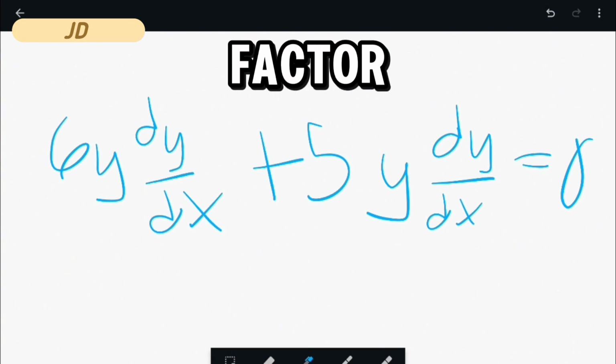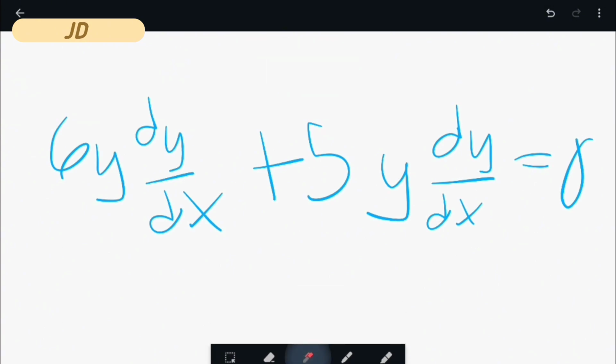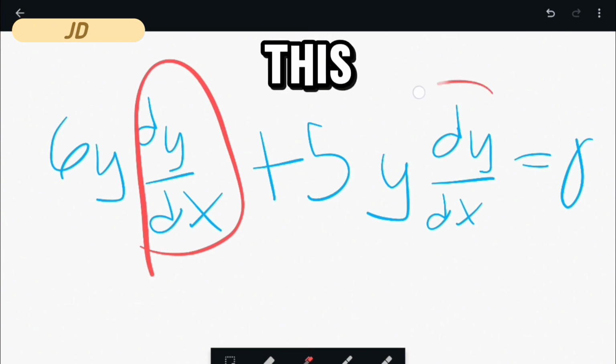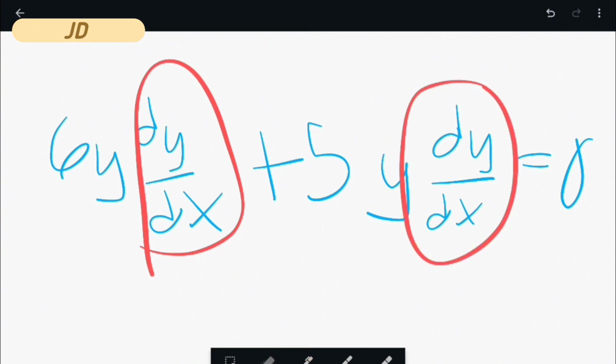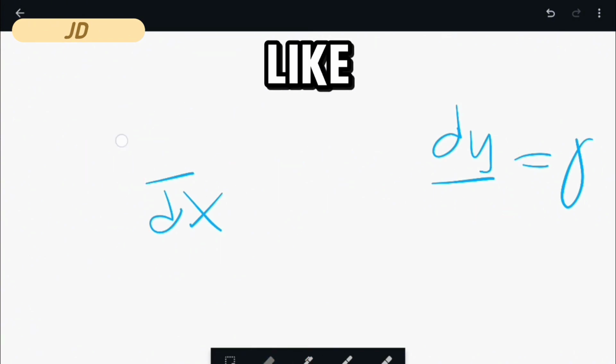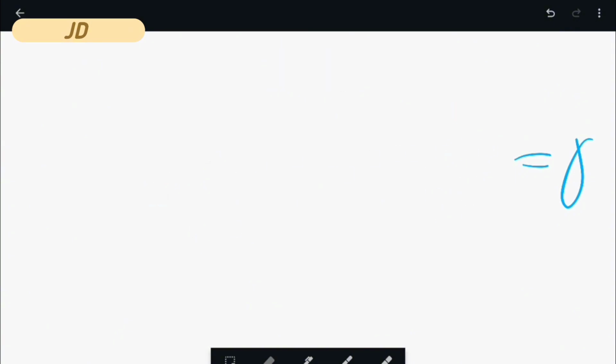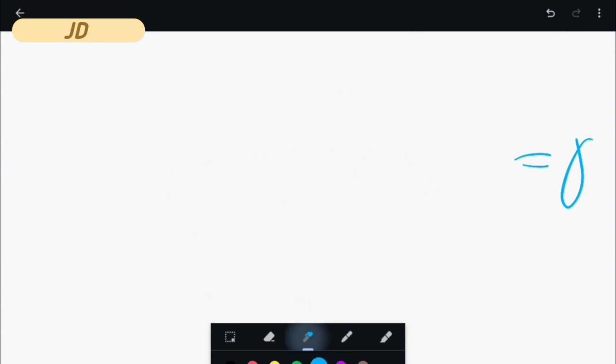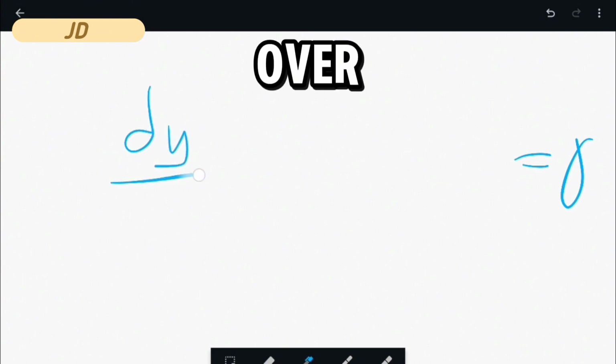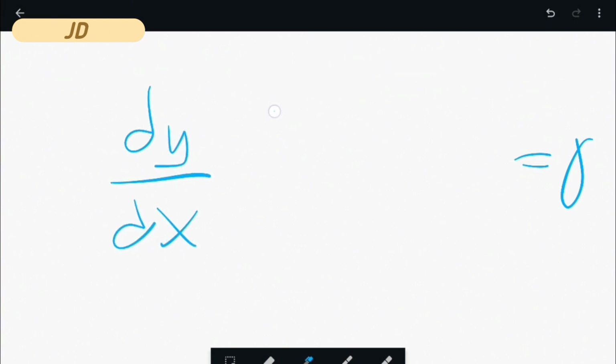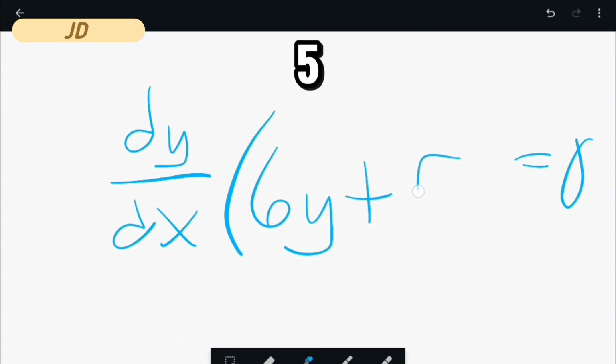Then we should factor these two out. This one and this one. So therefore it will be like this. Dy over dx multiplied by 6y plus 5y. Like that.